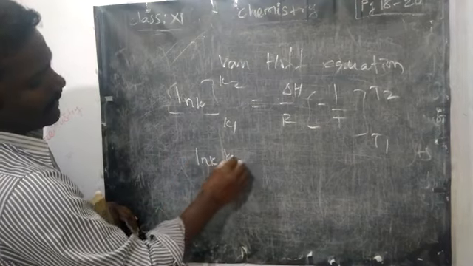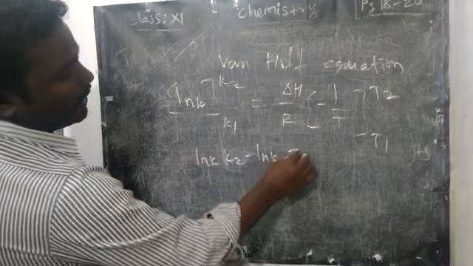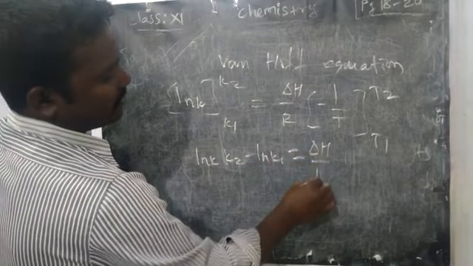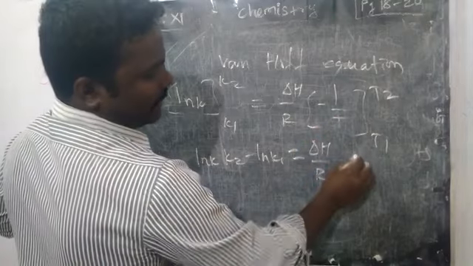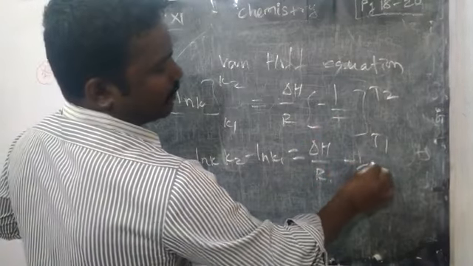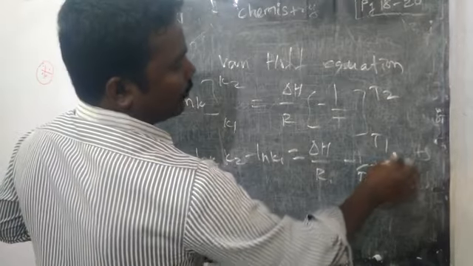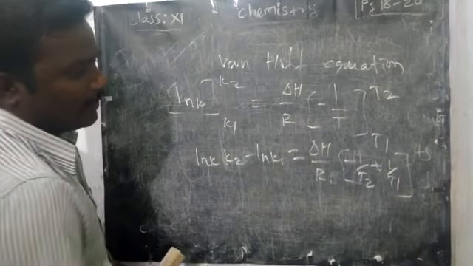Ln K2 minus ln K1 is equal to delta H divided by R, in place of T, first apply minus 1 by T2 plus 1 by T1. Right?